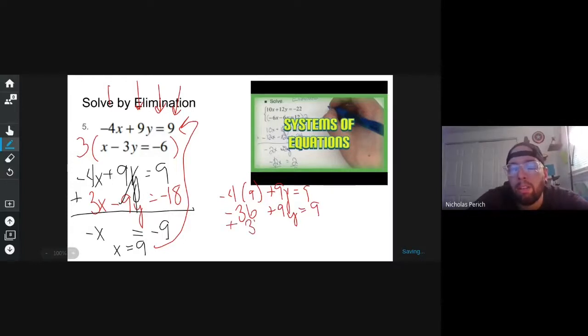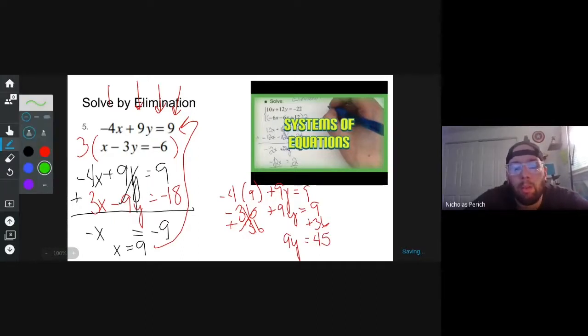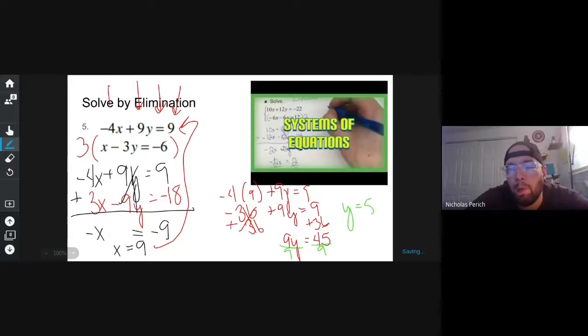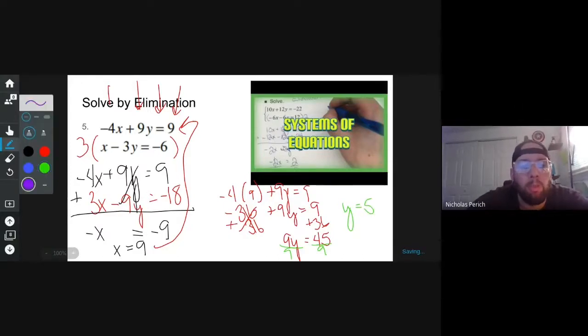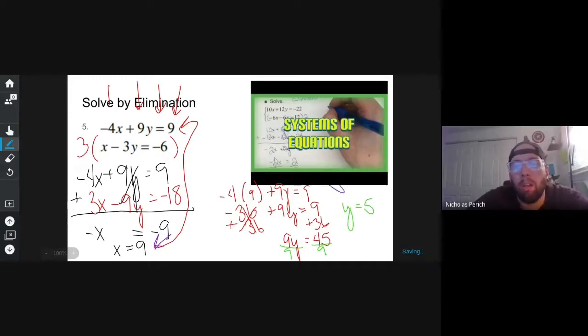Add 36 to both sides. 9y equals 45. Divide by 9. And y equals 5. So, if x was 9 and y is 5, then my final answer is the point (9, 5).